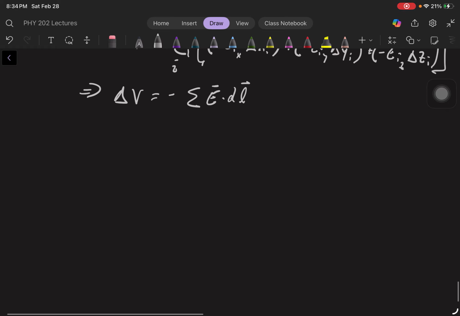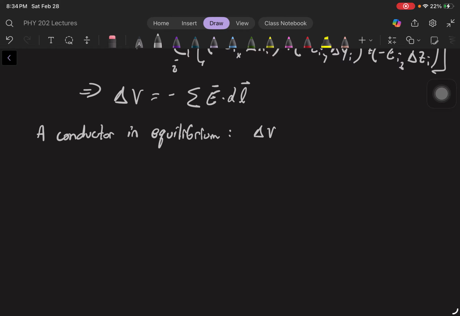So let's talk about a conductor real quick. A conductor in equilibrium. Okay. And so we can say, let's say you move just in a conductor. And you would have delta V is equal to negative E sub x delta x plus E sub y delta y plus E sub z delta z.